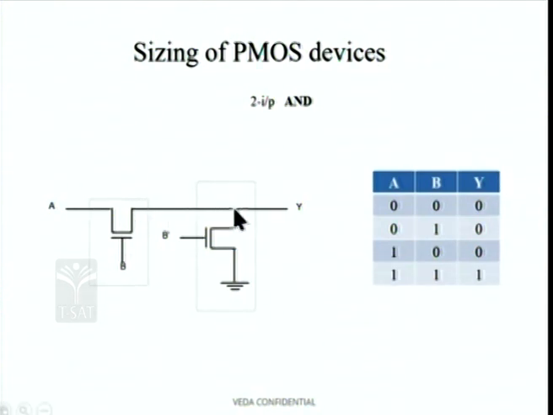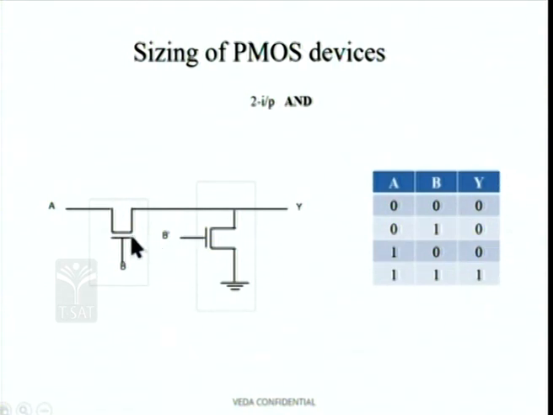Therefore, the output goes to 0 when A is 0 and B is 1. This device causes the transmission of A to the output. When both are 0, this causes the transmission of 0 to Y. When A is 0 and B is 1, the input is transmitted directly to the output.